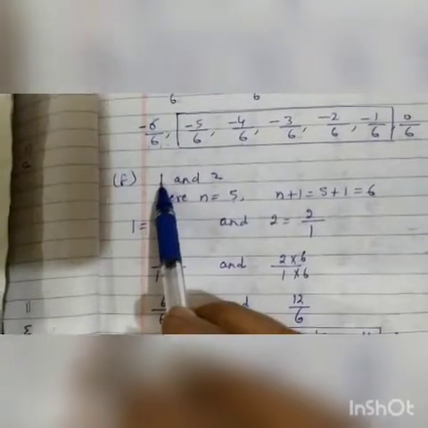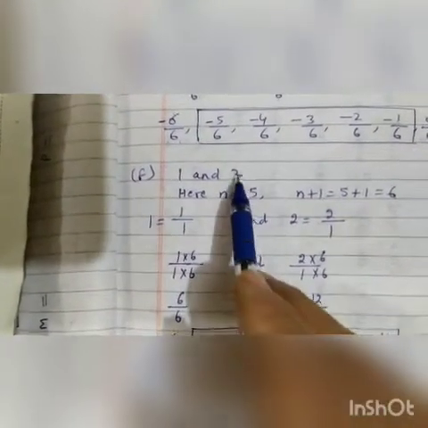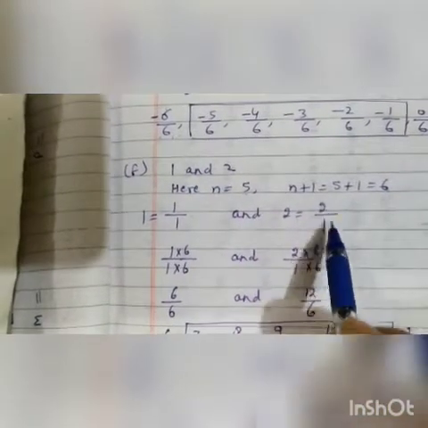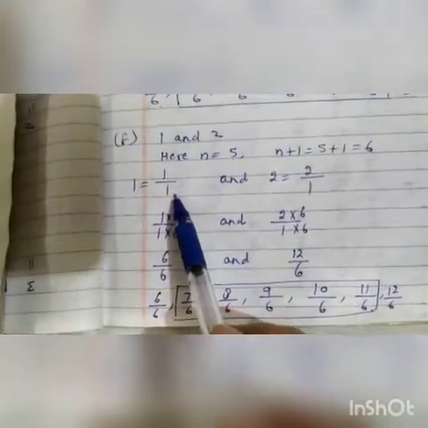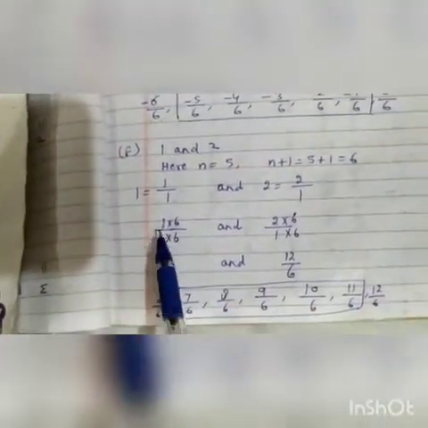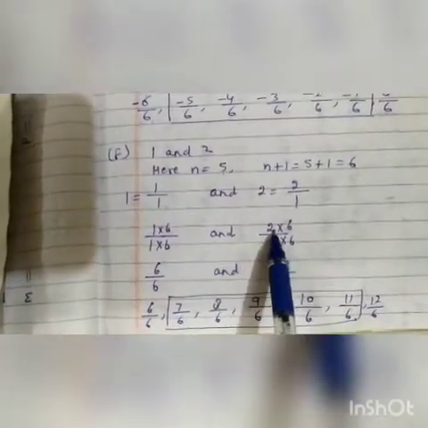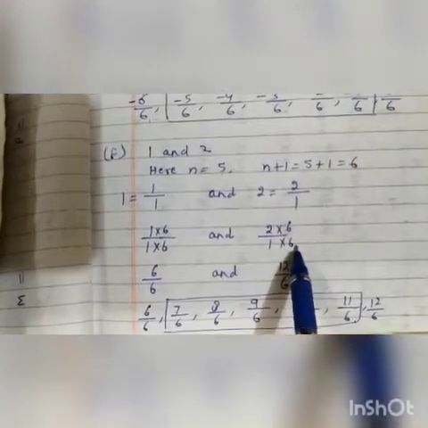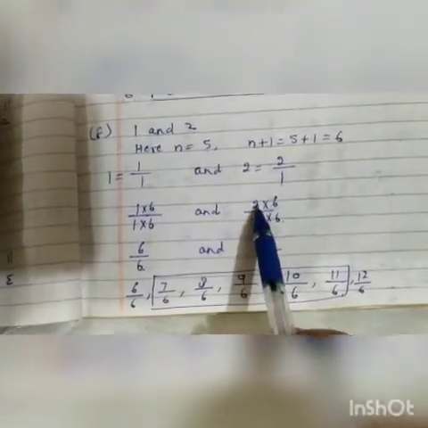Now we can write 1 as 1 upon 1 and 2 can be written as 2 upon 1. Again, now we will multiply this 1 upon 1 and 2 upon 1 by this 6. Then it will be 1 multiplied by 6 upon 1 multiplied by 6 and 2 multiplied by 6 upon 1 multiplied by 6. 6 ones are 6 upon 6 ones are 6, and 6 twos are 12 upon 6 ones are 6.